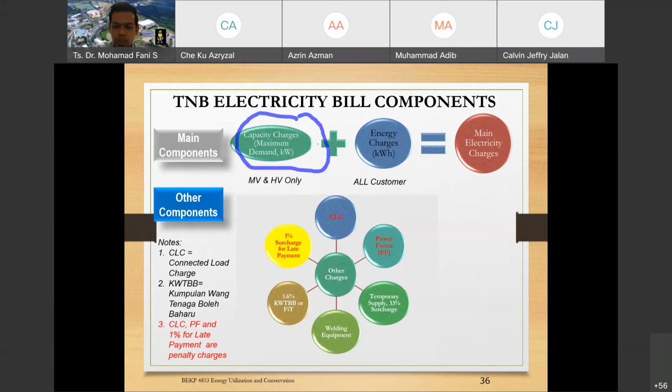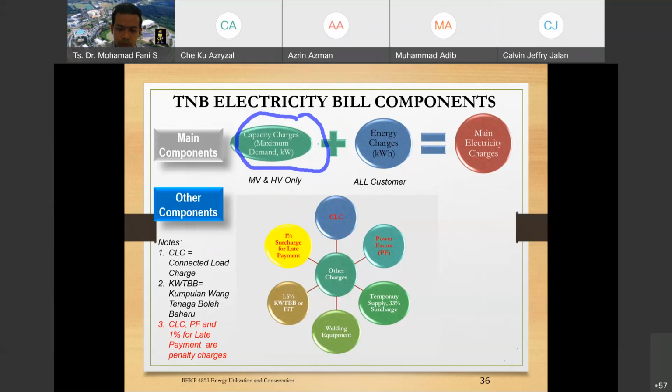Another component that may be charged on the electricity bill is the temporary supply, with a 30% surcharge. This is for buildings that need a temporary supply, for example, genset supply from TNB. This will be an additional charge for the electricity cost.